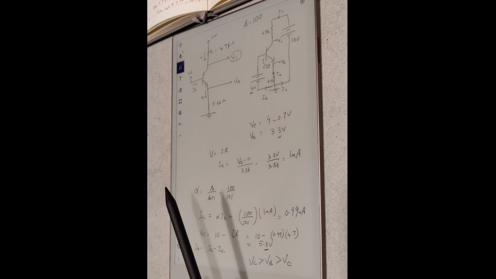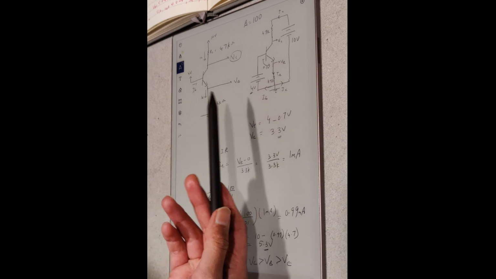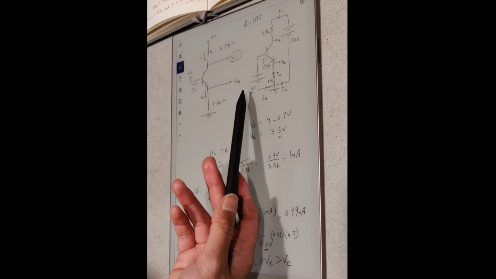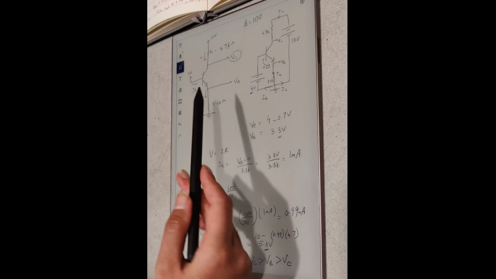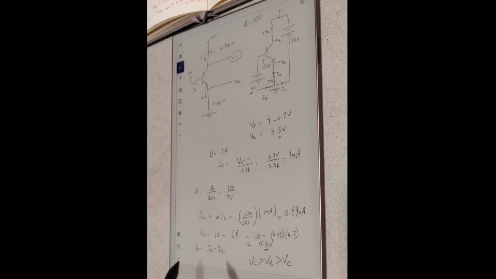For example, if I change this 4 volts to 6 volts and try to do the same calculations, you might end up in a situation where you have calculated your VC, VE, VB and all of these currents, but when you go back and try to check your assumptions, you might see that your assumption was wrong.